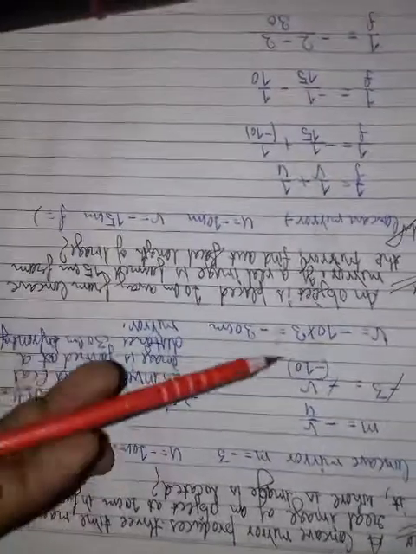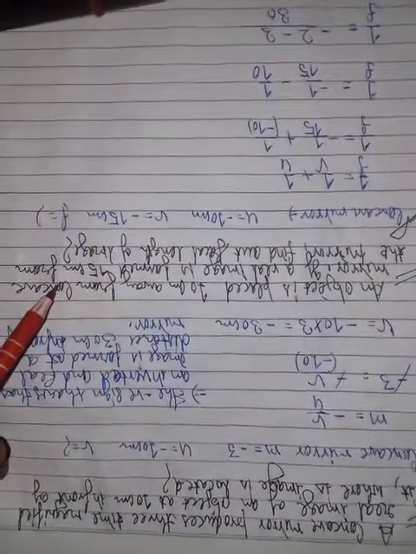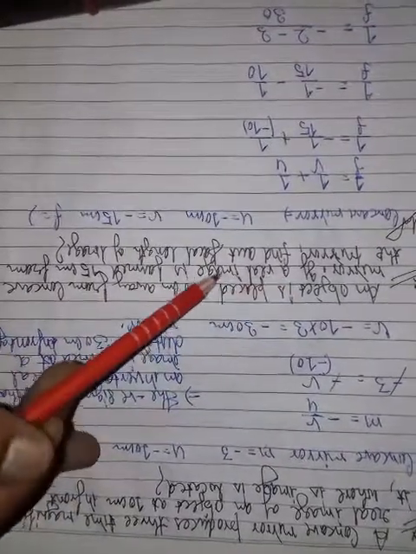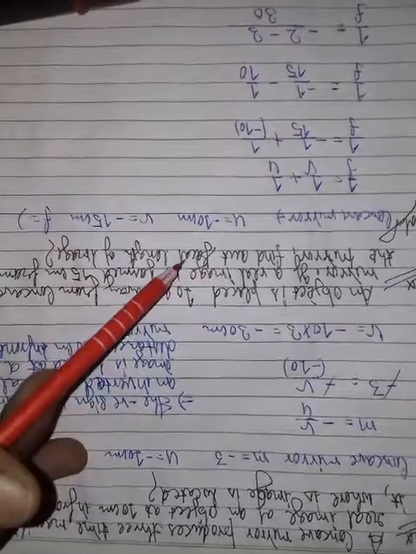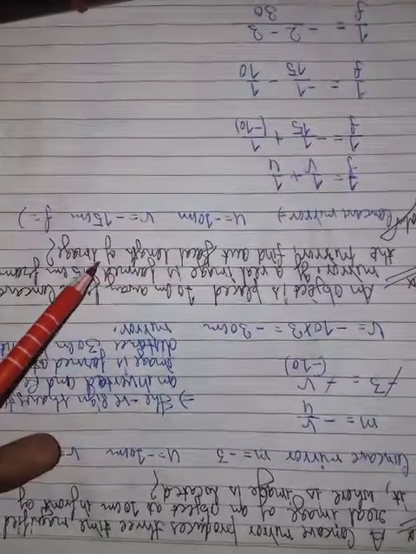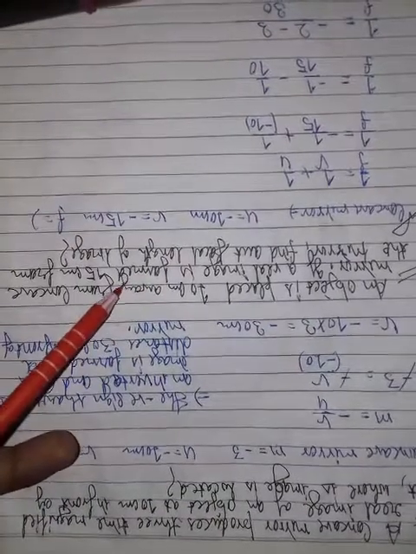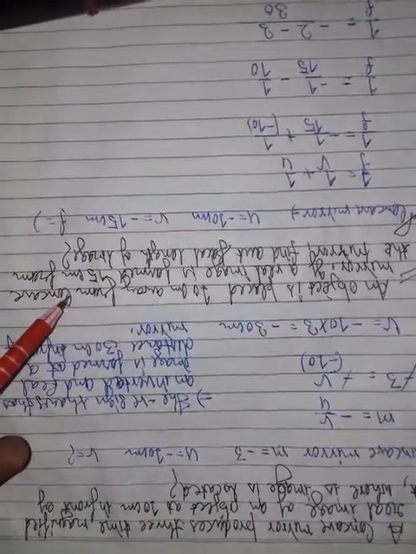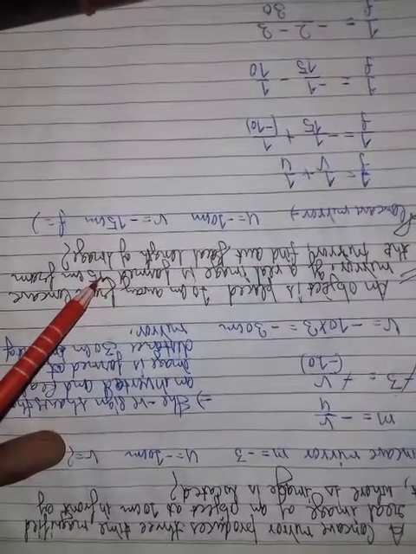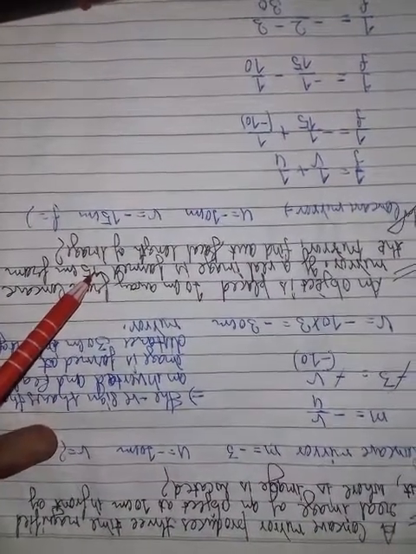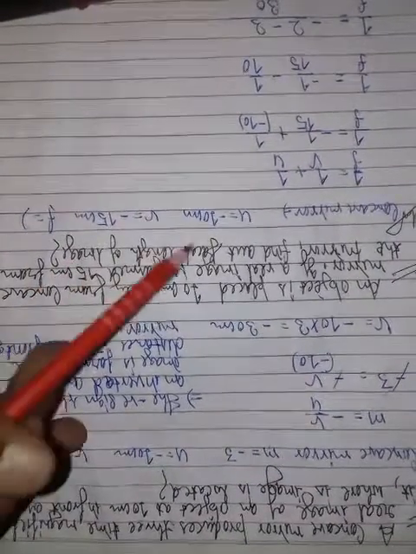The next question: an object is placed 10 centimeter away from the concave mirror. If a real image is formed 15 centimeter from the mirror, then find out the focal length of the mirror. In this question the mirror is concave, object position is 10 centimeter, image position is 15 centimeter, and it is asking for the focal length of concave mirror.